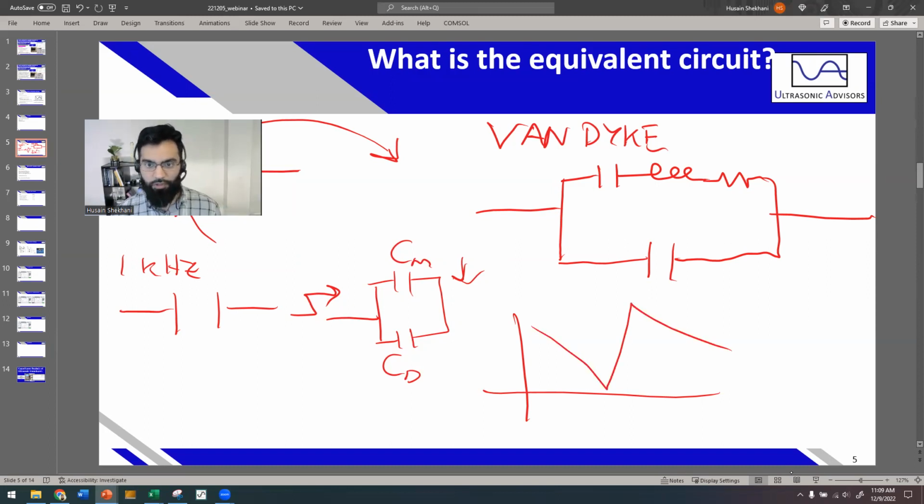The reason we discuss the circuit is because a lot of these components relate to physical, mechanical, and electrical components. So this is the equivalent circuit. It has a mechanical branch and an electrical branch. This is not the only equivalent circuit there is. This equivalent circuit is based off the resonance frequency, but also encompasses anti-resonance.